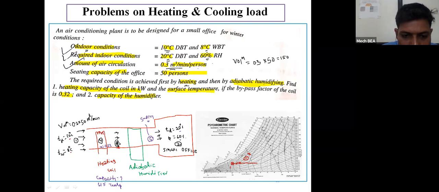In this problem they have not mentioned or calculated the amount of heat generated inside the room. They have directly said that the required condition is achieved first by heating and then by adiabatic humidifying.